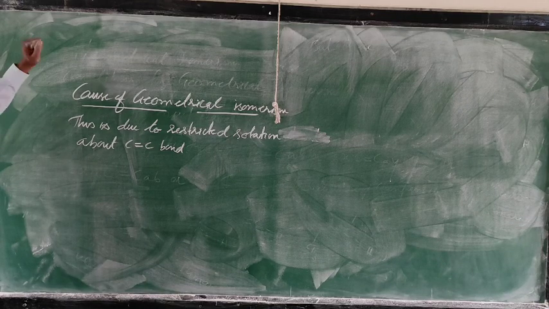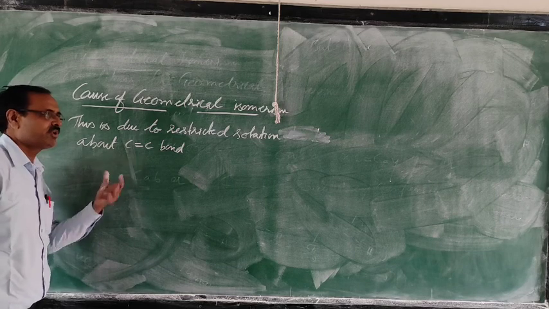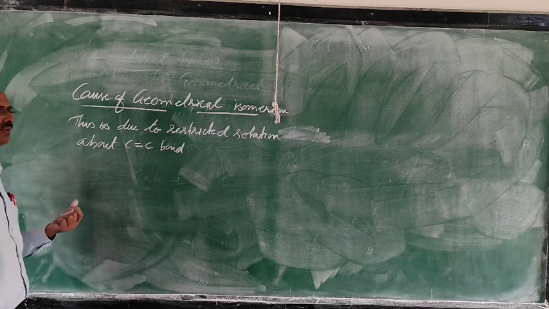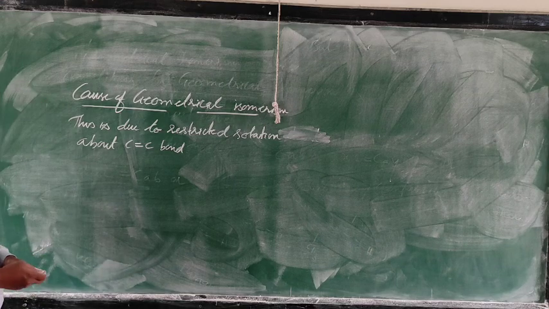Then why is this restricted rotation there? This restricted rotation is there because of the formation of the pi bond. And to break the pi bond, 251 kilojoule energy is required.